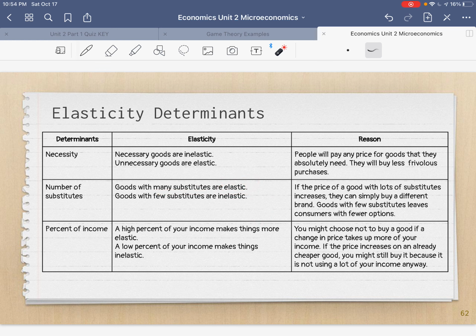On the opposite end of that spectrum, goods with few substitutes are inelastic, okay? So that means that there are fewer options, and we have to buy the thing that has very few options. Let me think of a good example here.